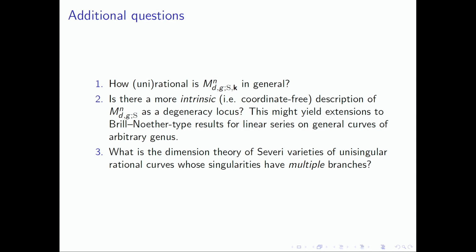If you could do that, then you could produce all sorts of more general Brill-Noether type results for linear series on general curves of arbitrary genus, I think. And then finally, you can ask about extensions to cases where you allow the singularities to have multiple branches. So I apologize for going over time.